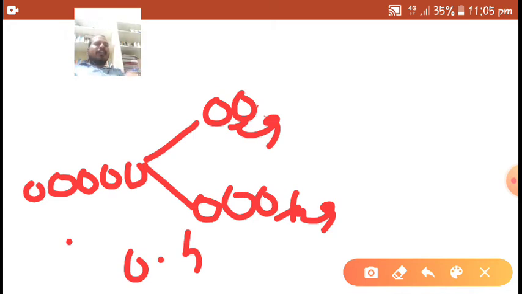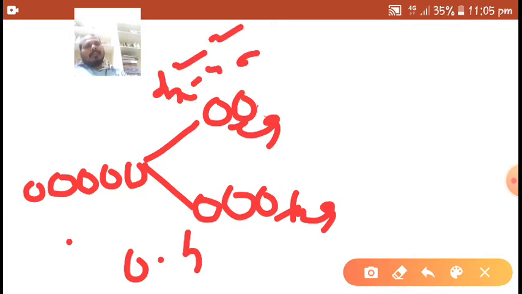So there will be no repulsion in the orbitals which lie along the z axis. Here, what are the Eg orbitals? dx square minus y square and dz square, right?